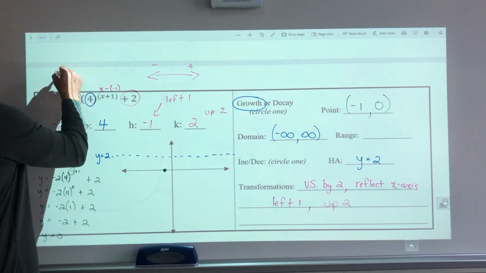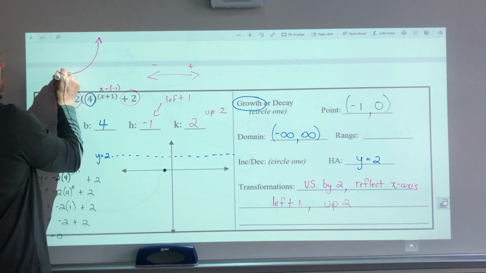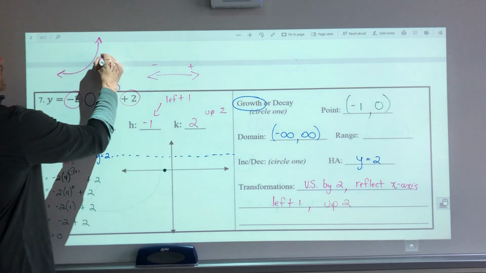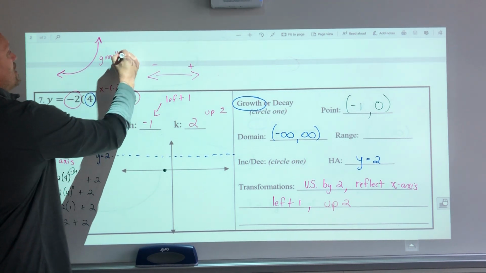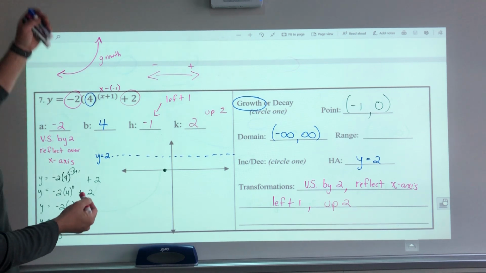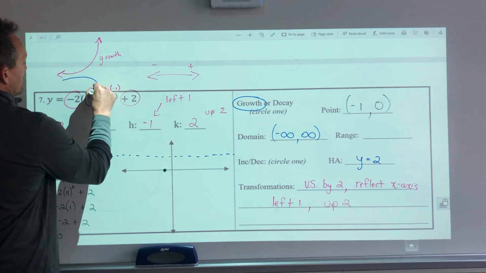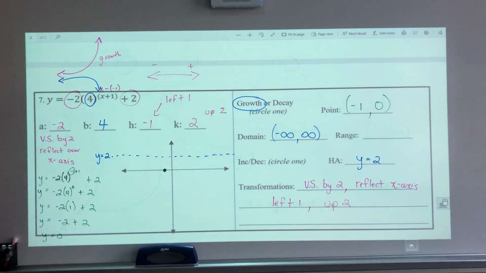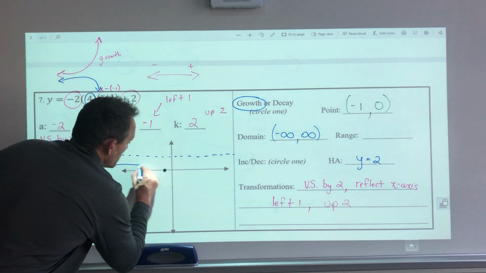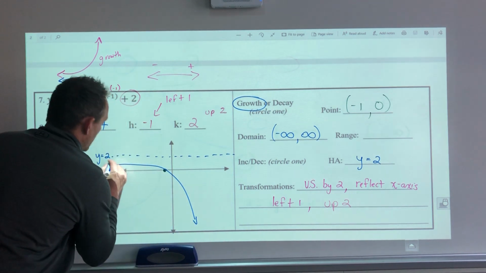Okay, so this is a growth function. The growth function typically looks like this, right? That's a growth function. However, it's been flipped or reflected. So now it's going to look like that. So now you have a point that's going to look like that.